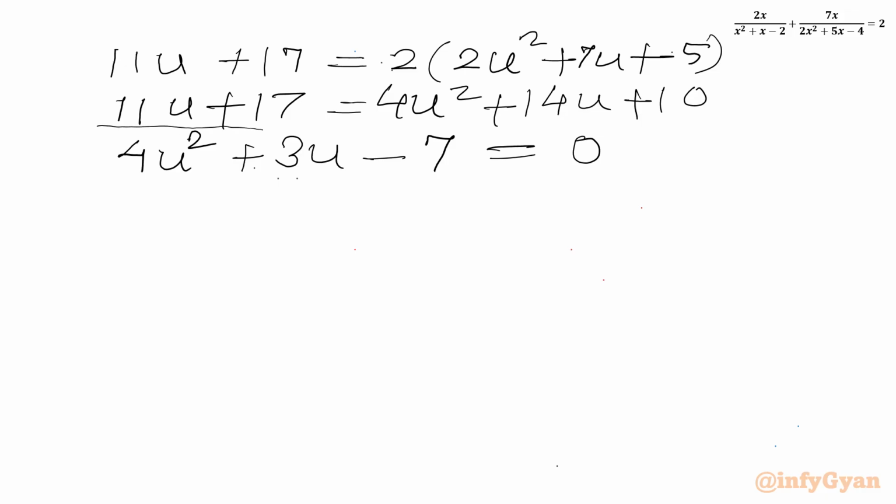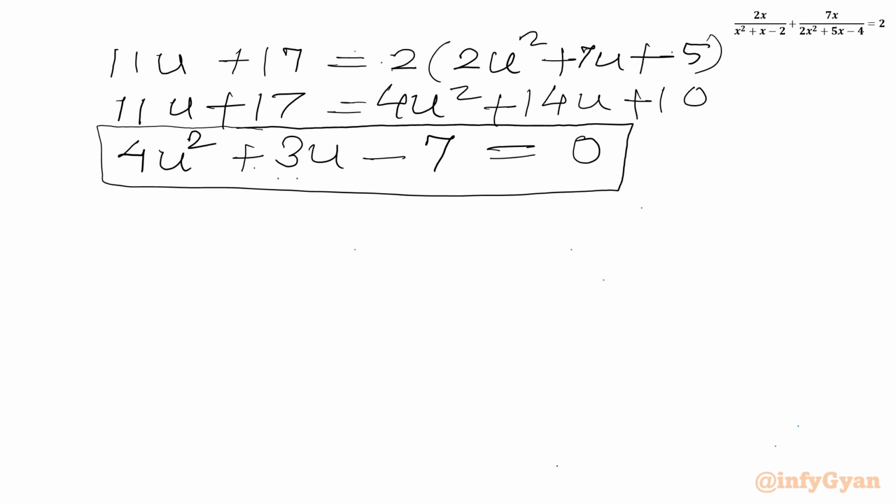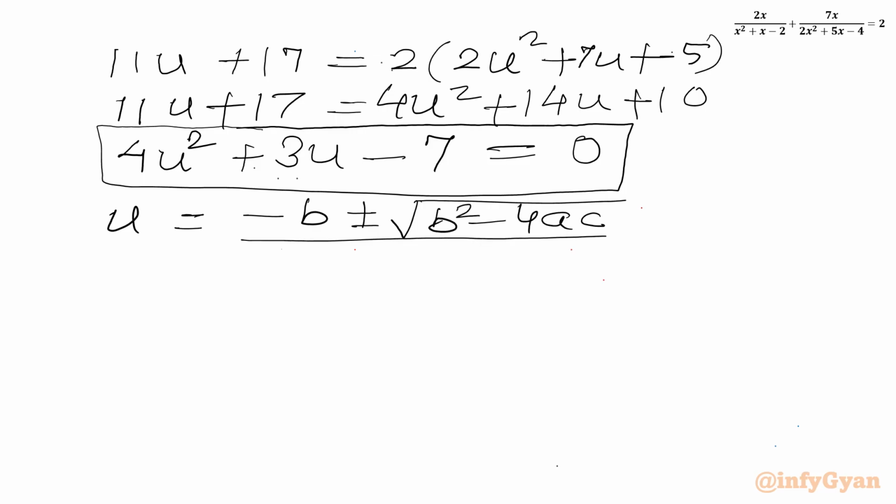Now this is one quadratic equation. We can use the quadratic formula. And the formula is u equal to minus b plus minus square root of b square minus 4ac over 2a, where a is the coefficient of u square, so 4 it is, b is the coefficient of u, so 3, and c is the constant, so negative 7.